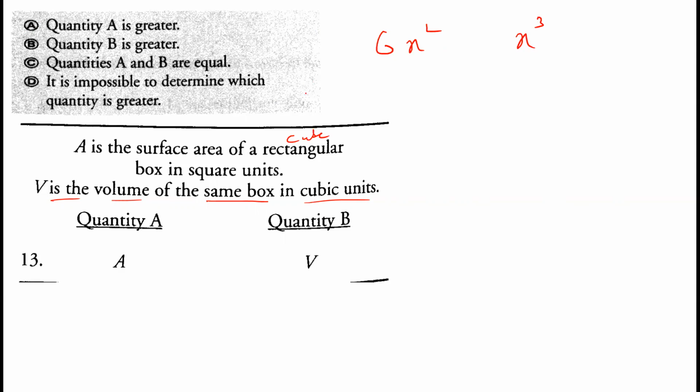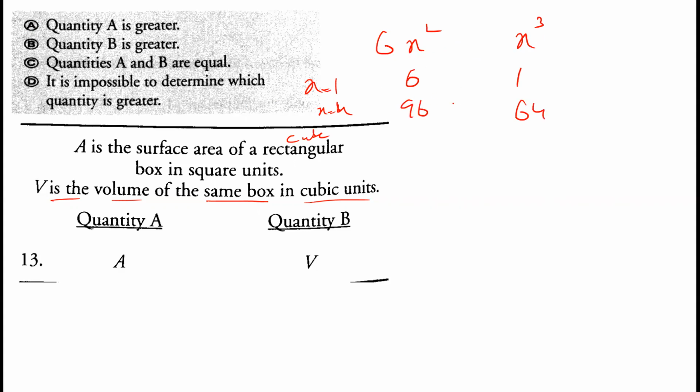Now let's suppose x equals 1, then this would be 6 and this would be 1, so obviously quantity A would be greater than quantity B. Now let's suppose x equals 4. So 4 4s are 16, 16 into 4 is 64, and 16 into 6 is 96.